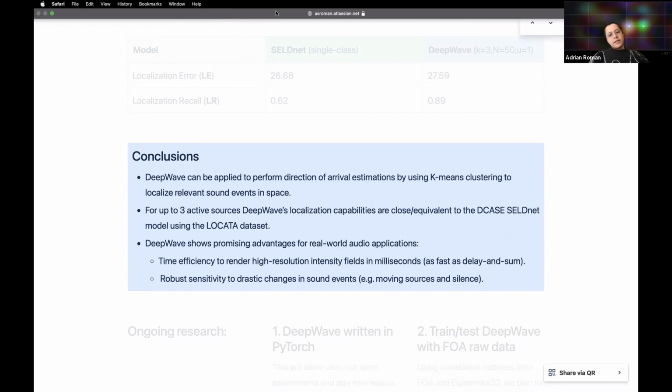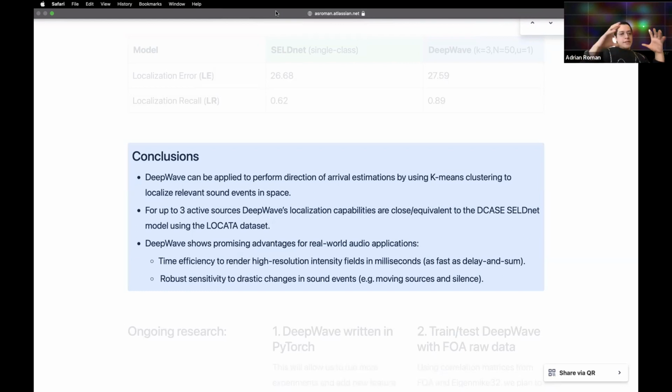Good point. So k-means in terms of training, it's not involved. K-means is just the method we use to extract the localization that the model is able to learn. Now, for actual training, DeepWave uses another model that is like the guide. It's called APGD. It stands for accelerated stochastic gradient descent.